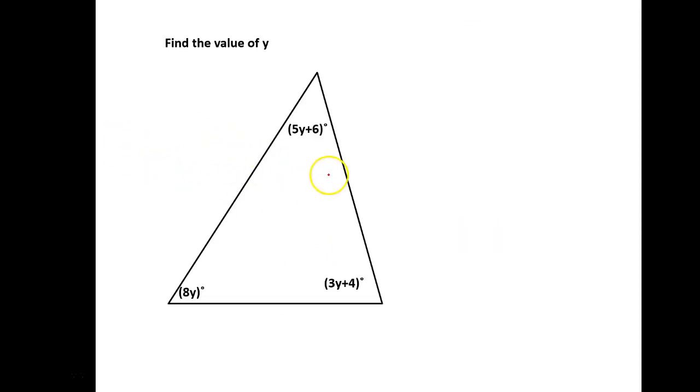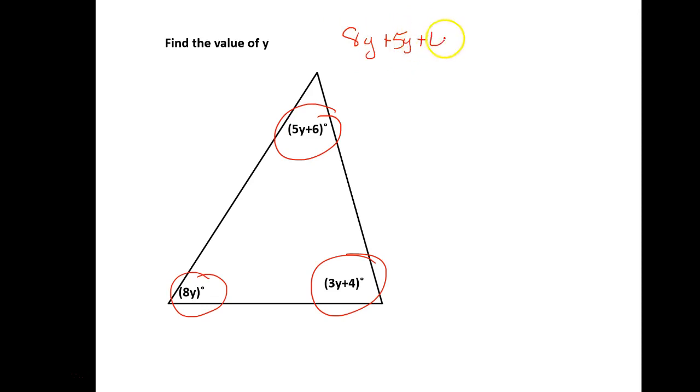All right, here we have to find the value of y. We have a triangle, and what do we know about these three angles? Always, they will add up to equal 180. So you would say 8y plus 5y plus 6 plus 3y plus 4 equals 180.